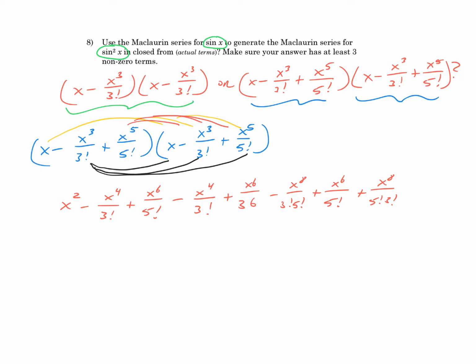So let me just double check that everything is good. I got that. I got that. And I got that. Yep, all good. Now you might notice already that I skipped this last distribution. Running out of colors. Let me find a different one. That this one right here into this one would have given me x to the 10th over 5 factorial times 5 factorial.